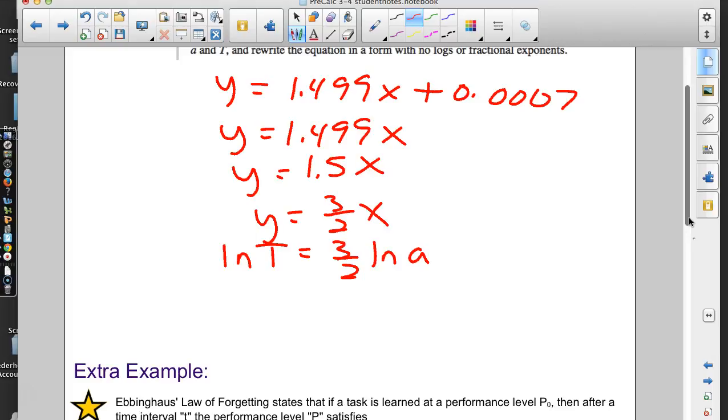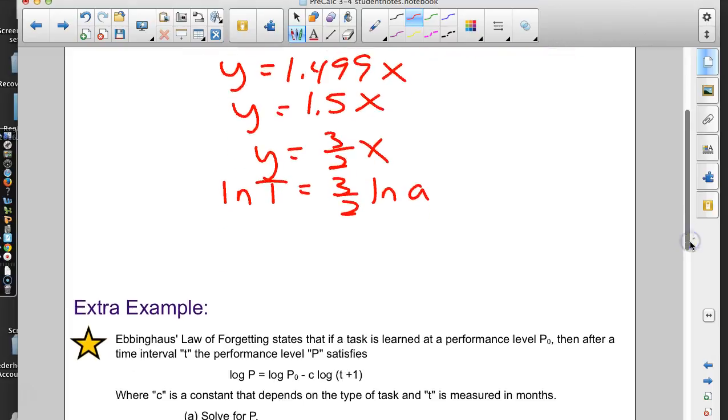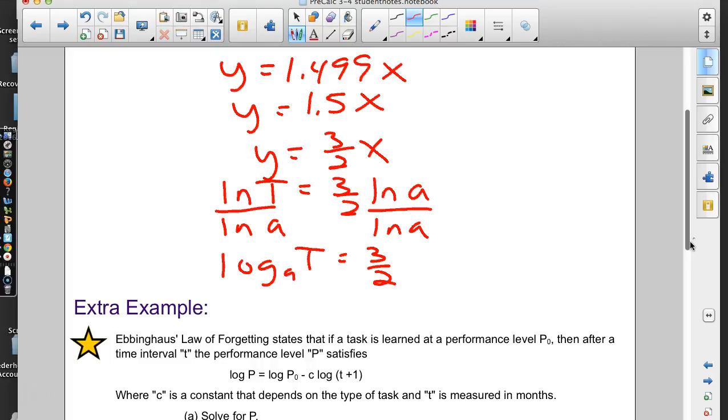Well, I'd rather just have the number on one side. I think I'll go ahead and divide by natural log of A on both sides. Hey, isn't this what we get when we do the change of base formula over here? Sure. So wouldn't this really be logarithm base A of T? If you feel that's what it is, well, think backwards.